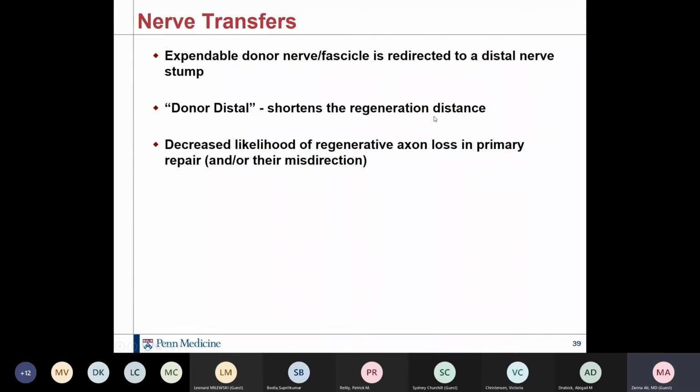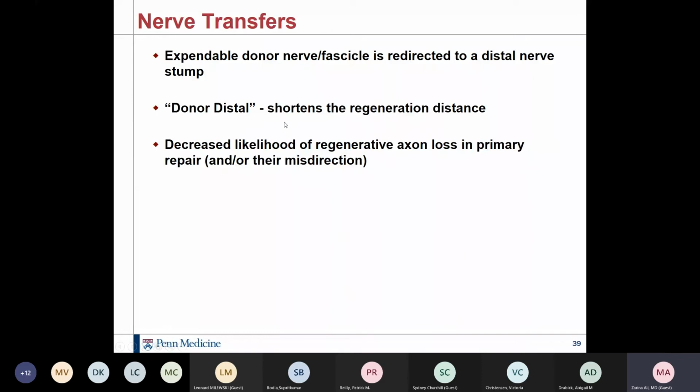As I just mentioned, regeneration happens very, very slowly. So if we could reduce the distance of that, that should, in theory, improve our regenerative potential. And so we see that in these nerve transfers, which I'll show you examples of.